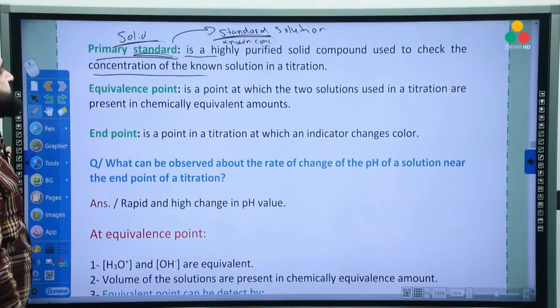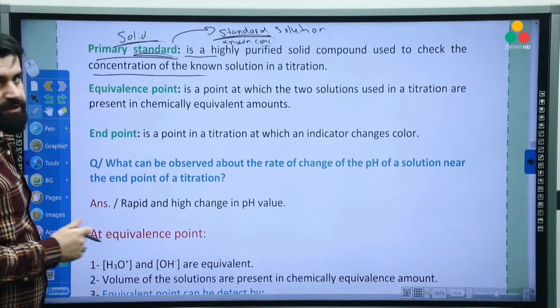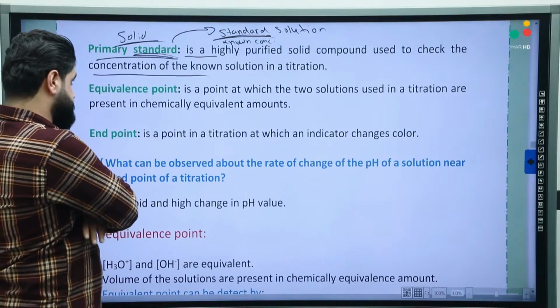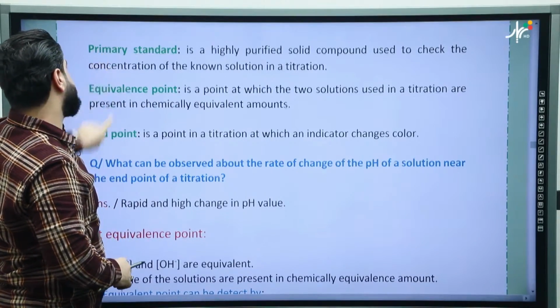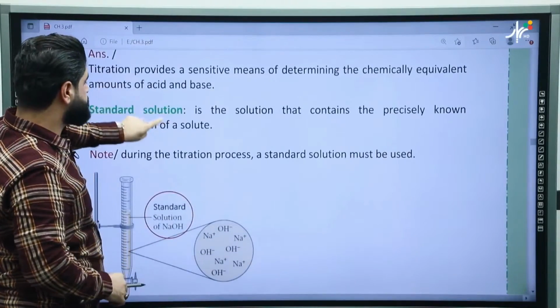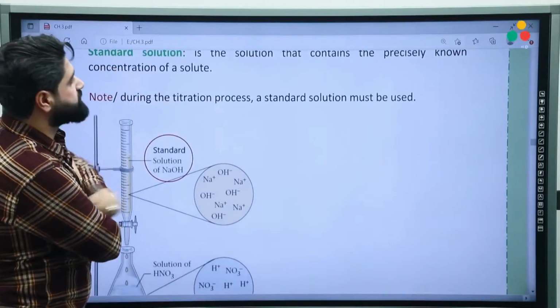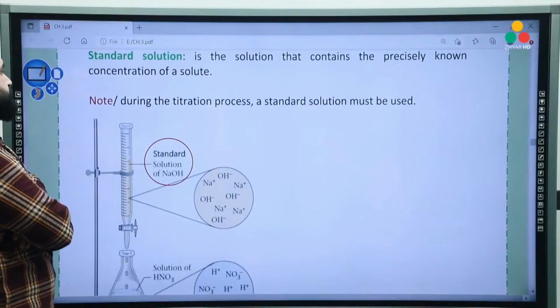What is standard solution? It means its concentration is known very well. So what standard solution is: a solution that contains a precise known concentration of solute.